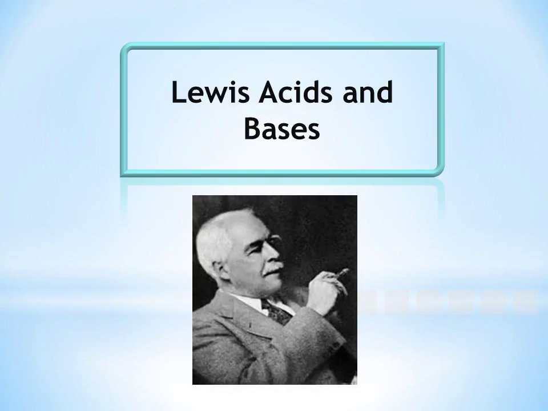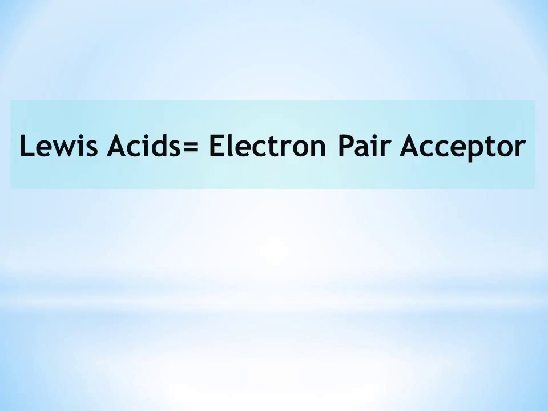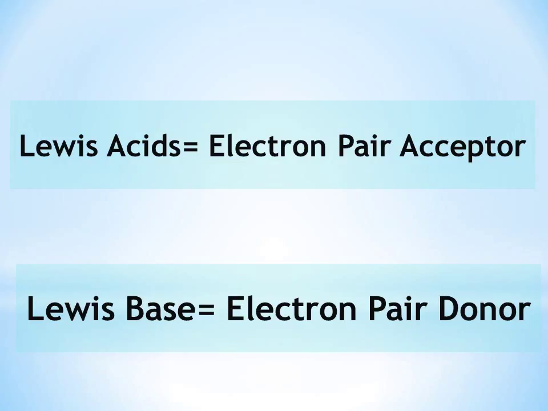What he focused on is that while the Bronsted model focused on transfer of protons, Lewis focused on transfer of electron pairs. And so he describes an acid as an electron pair acceptor and a base as an electron pair donor.